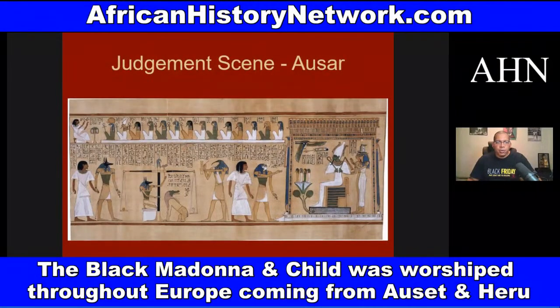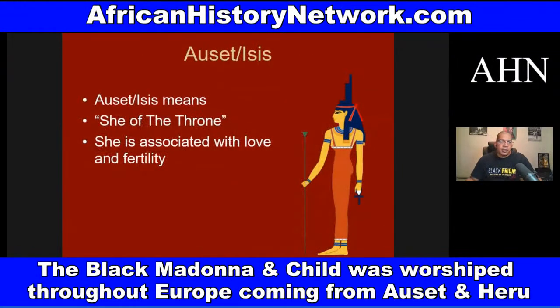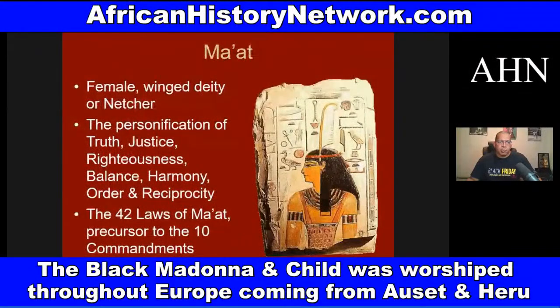They have different attributes. When you look at Auset, she was associated with love and fertility. When you look at Ma'at, she was the personification of truth, justice, righteousness, balance, harmony, order, and reciprocity. And you deal with the 42 laws of Ma'at, or the 42 negative confessions, which are a precursor to the 10 commandments.